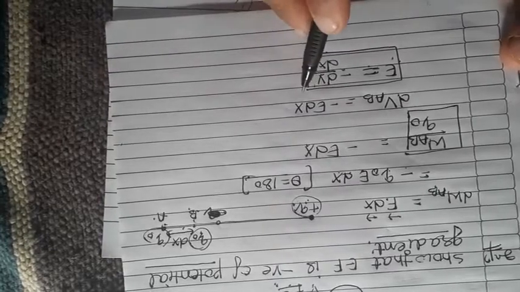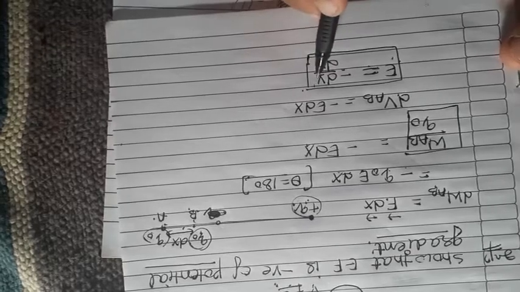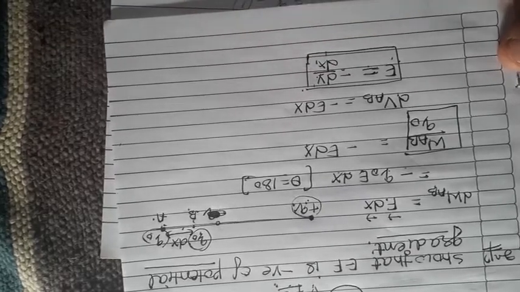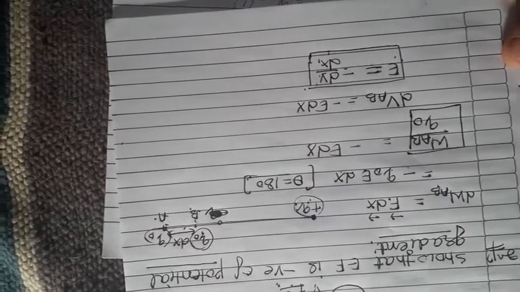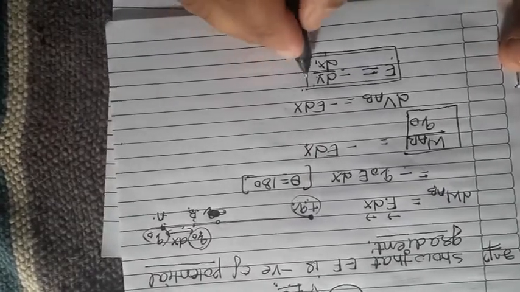Once again, what is dV? dV is potential difference and dx is the distance between these 2 points. Now from this, one thing is clear.